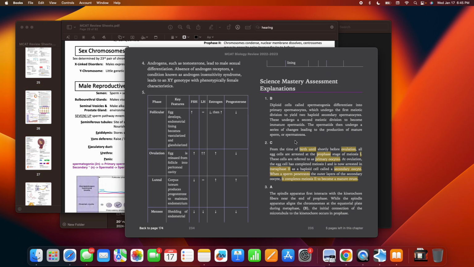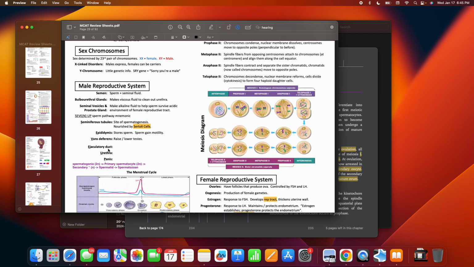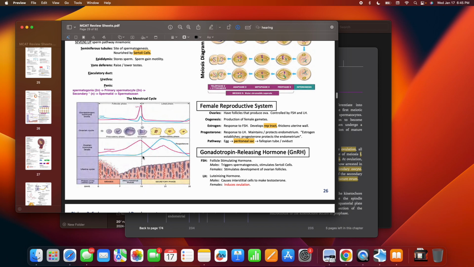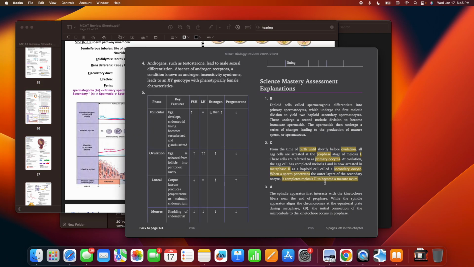Now, the egg cell at ovulation, which is here, has completed meiosis 1 and is now arrested in metaphase 2 as a haploid cell called a secondary oocyte. So we have primary oocytes and secondary oocytes.